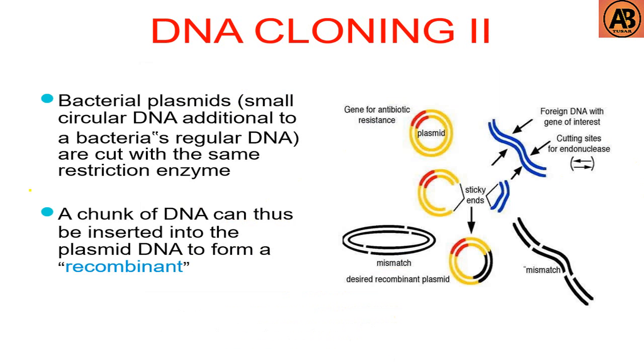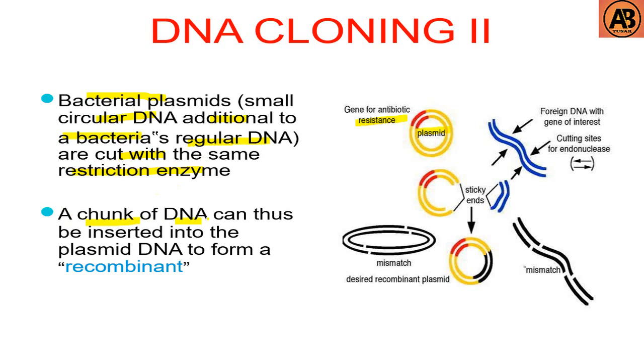DNA cloning 2. Bacterial plasmids, small circular DNA additional to a bacterium's regular DNA, are cut with the same restriction enzyme. Here you can see a plasmid and a gene for antibiotic resistance, which is cut with the same restriction enzyme.